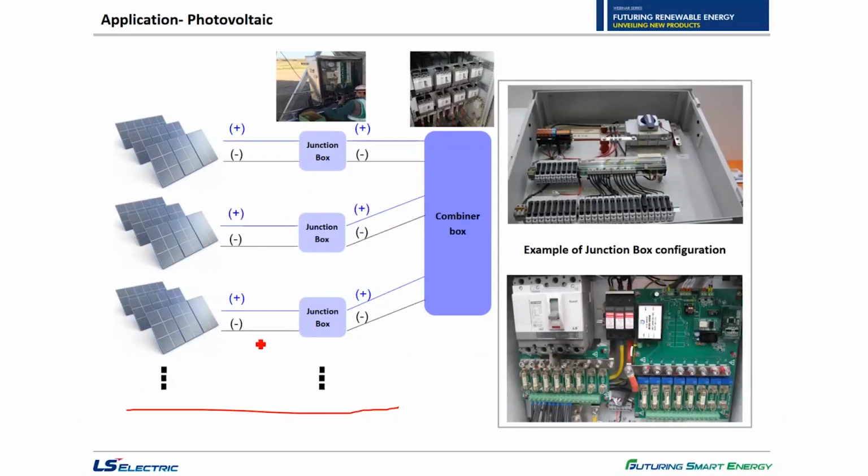There are primary and secondary protection units, such as junction box, protecting a few solar modules, and combiner box for protection of a few junction boxes. Different types of electrical designs are available, of course, but generally low capacity DC MCCB or DC molded case switch, which we have now, are used in this application.